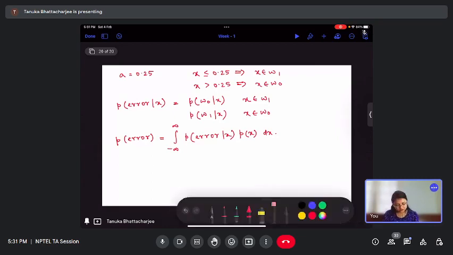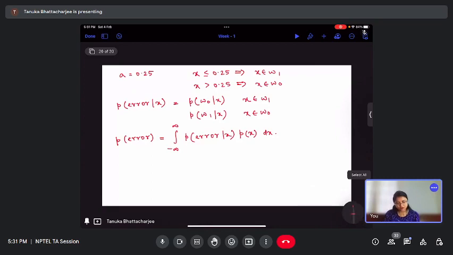So here, when your x is less than 0.25, you are assigning it to class omega 1, and then your probability of error is probability of omega 0 given x. So for minus infinity to 0.25, your probability of error given x is probability of omega 0 given x, then p(x) dx, plus from 0.25 to infinity.